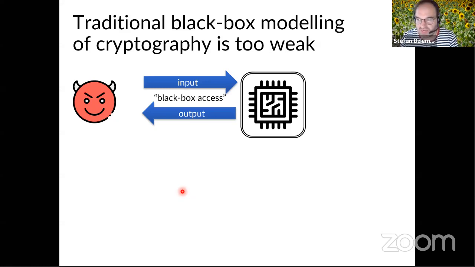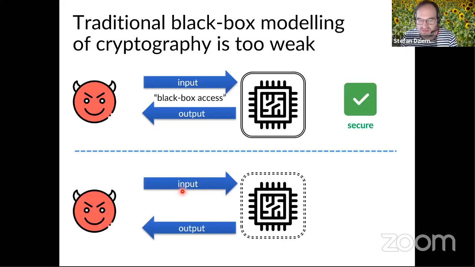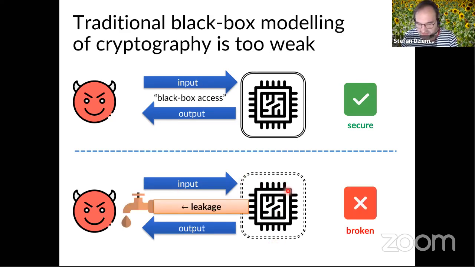That's called black box access. So it can happen that this is secure, while in real life, when you really implement it on some concrete device, then it becomes insecure precisely because the adversary gets the leakage. Okay? So this is the general motivation behind all this research, to make things secure even if there is some leakage happening.